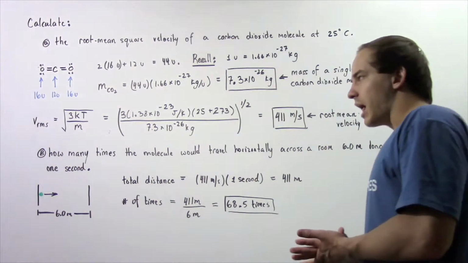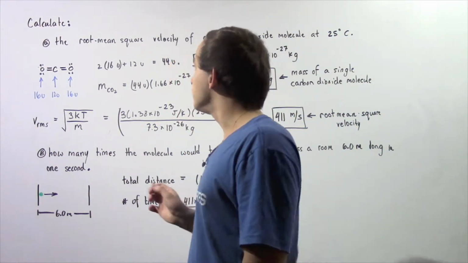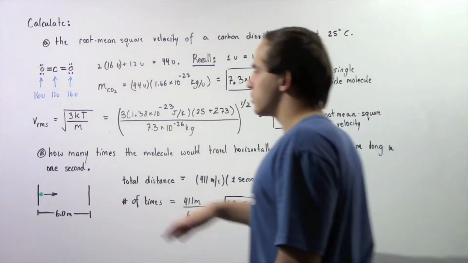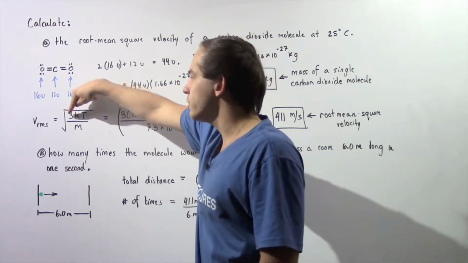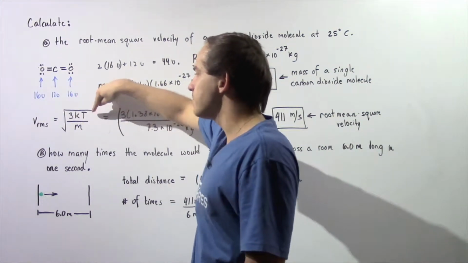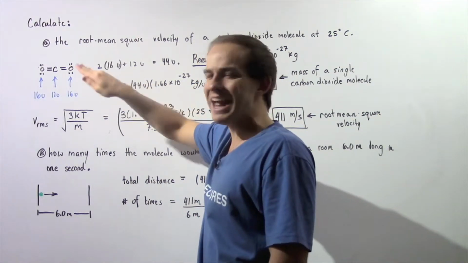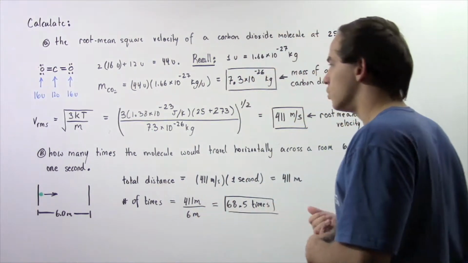So now we apply our equation for the root mean square velocity of the carbon dioxide molecule. The magnitude is equal to the square root of the product 3kT divided by m, where k is the Boltzmann constant, T is the temperature in Kelvin, and m is the mass of our molecule.